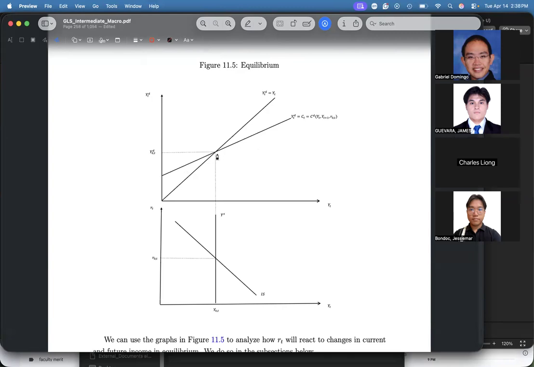This is just one point along the Keynesian cross. Down here is the IS curve. The IS curve is the combination of the real interest rate and GDP wherein you have equilibrium in the Keynesian cross. So as you change R, you shift up and down your planned expenditure, which means you move up and down this curve here. Okay, so I think we ended up there.